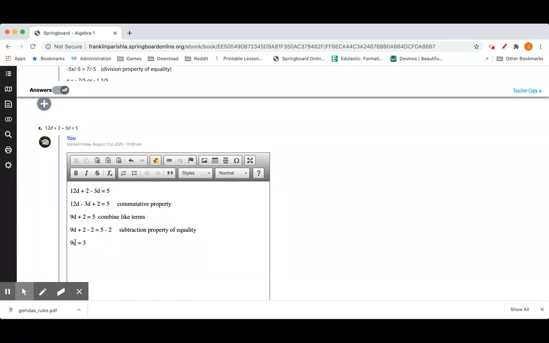We'll divide both sides by 9 to get rid of this coefficient. Coefficient is the word for the numbers in front of a variable. So 9d divided by 9 will equal 3 divided by 9. Division property of equality. 9 divided by 9 is 1d. 3 divided by 9 is, if you reduce, 1/3.